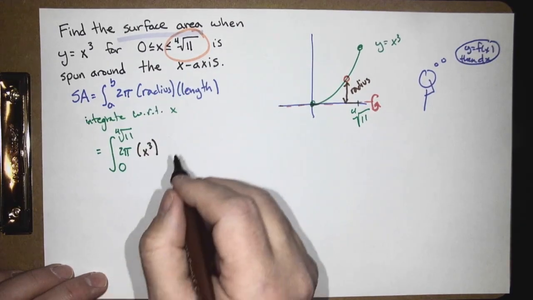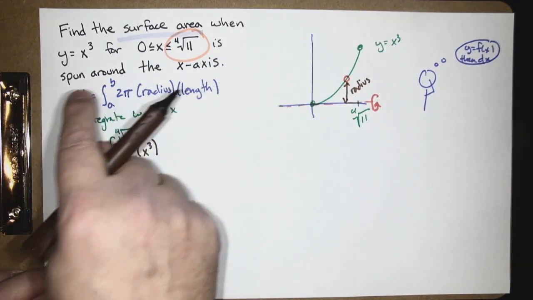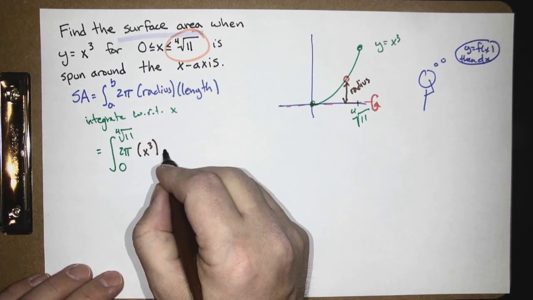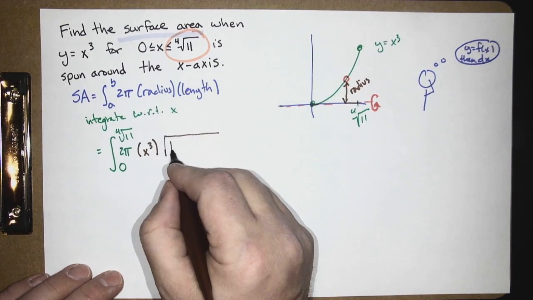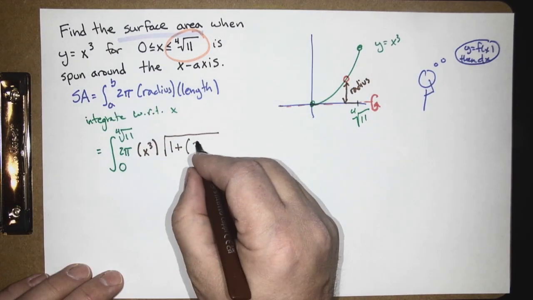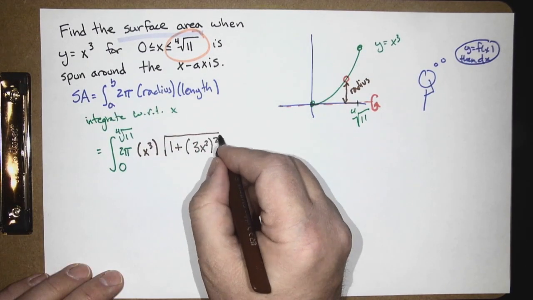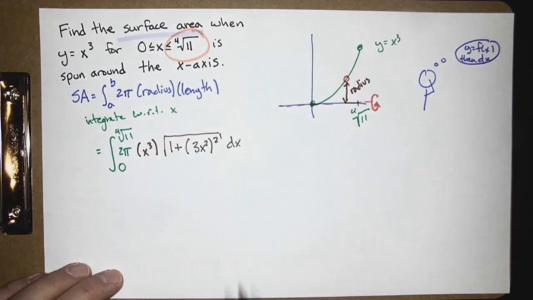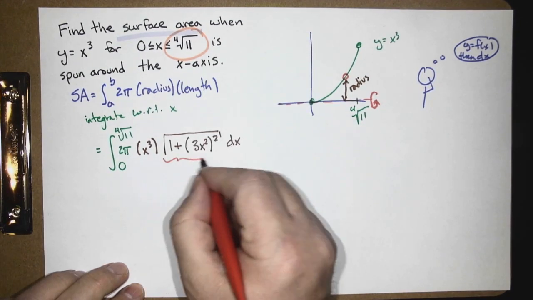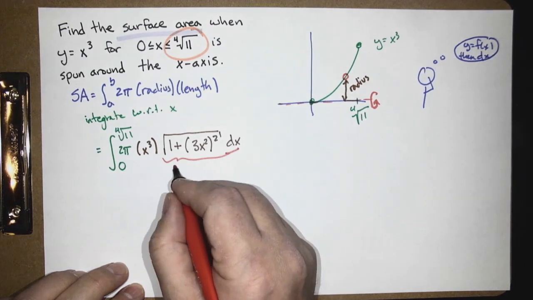For our length, we say, what setting are we in? We're in the y equals f of x setting. So our length becomes the square root of 1 plus the derivative of x cubed, 3x squared, squared, dx. So this entire piece here, this is including the dx.